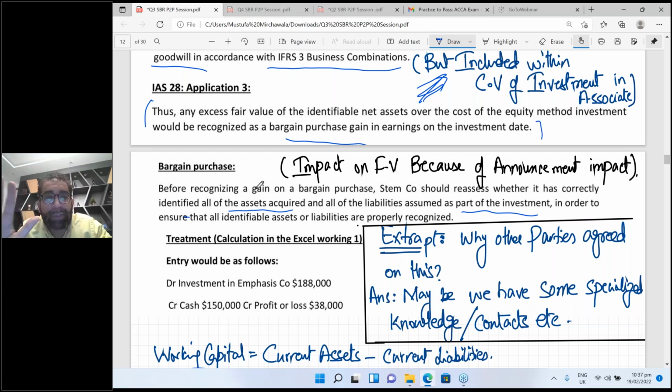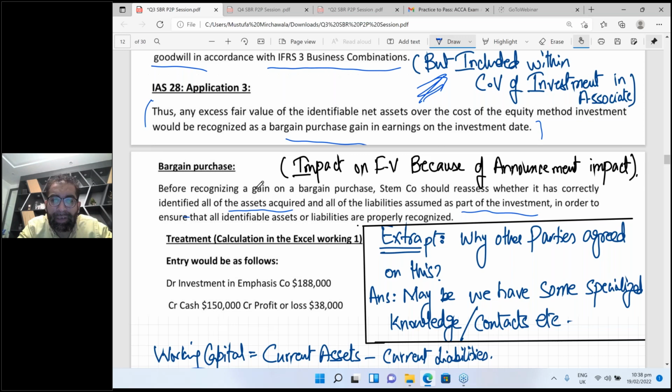So please check whether the valuation and everything has been accounted for properly or whether there is some mistake, in order to ensure that all identifiable assets and liabilities are properly recognized.